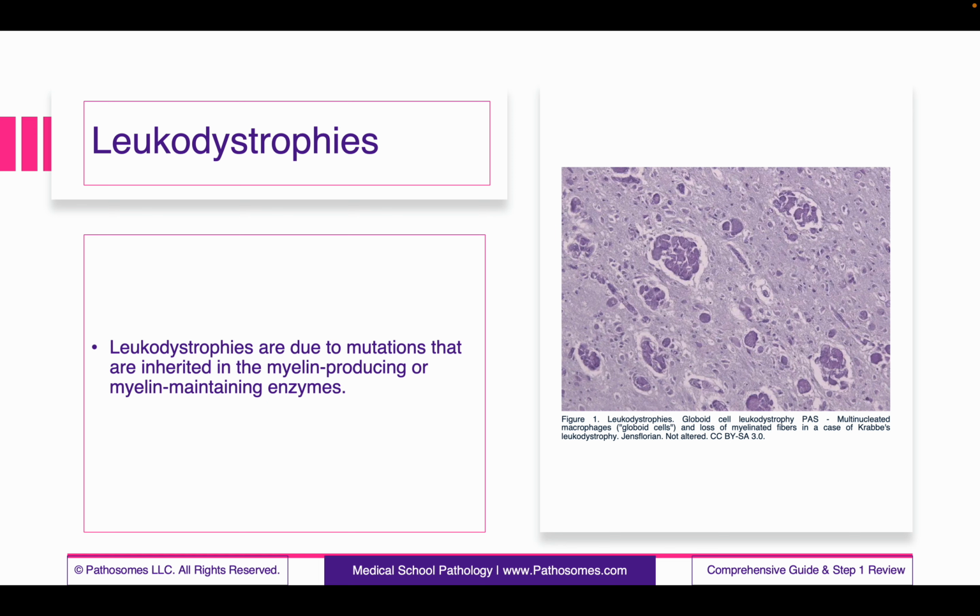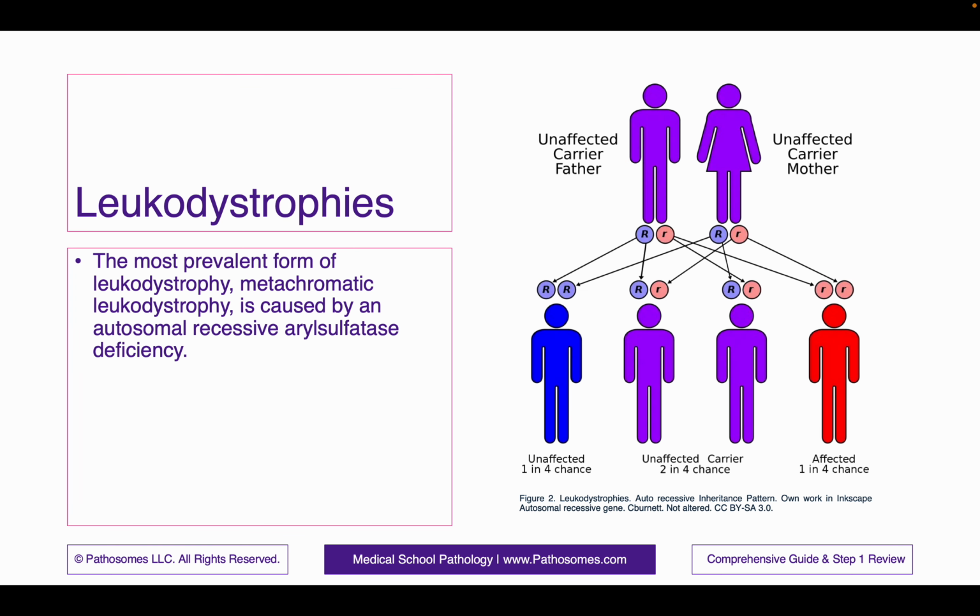Note the multinucleated macrophages. The most prevalent form of leukodystrophy is metachromatic leukodystrophy, and this is caused by an autosomal recessive arylsulfatase deficiency. To the right, we can see the inheritance pattern.